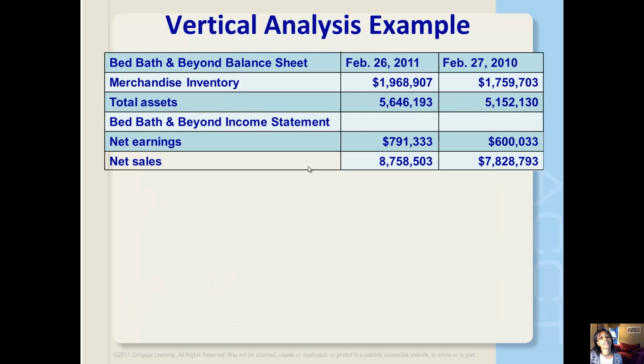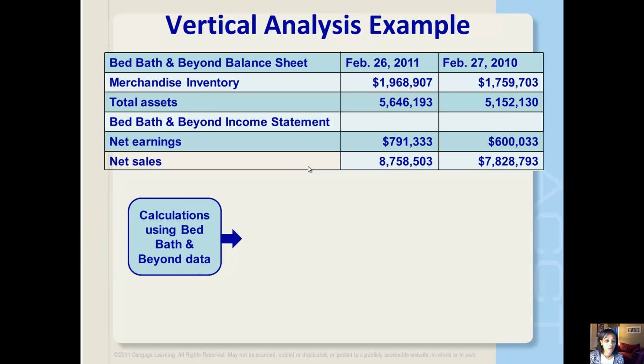Let's take a look at an example of vertical analysis, again for Bed Bath & Beyond. We're still looking at merchandise inventory and net earnings, but because we need those base accounts, now we have information on total assets and net sales. In the vertical analysis of the balance sheet, each year's inventory balance is divided by total assets for that year.